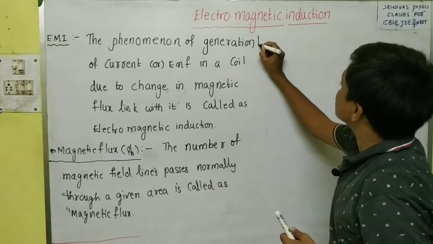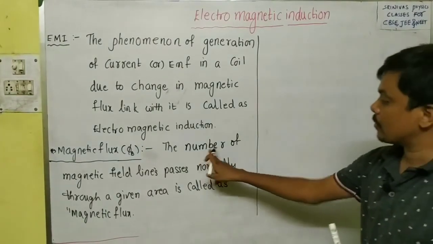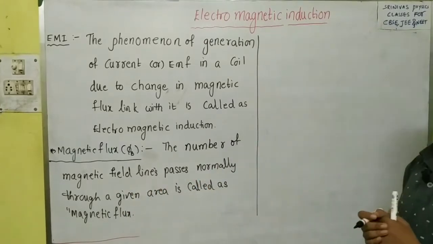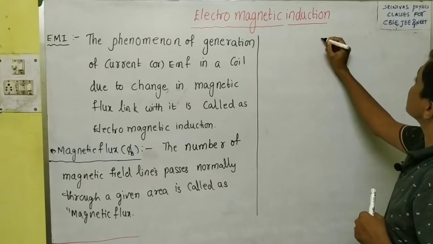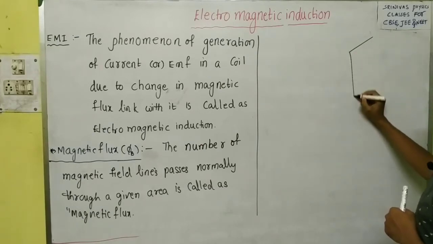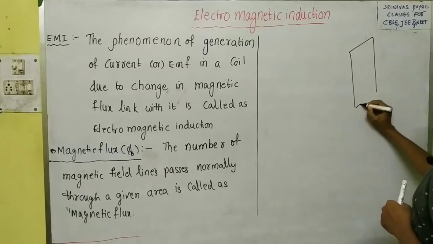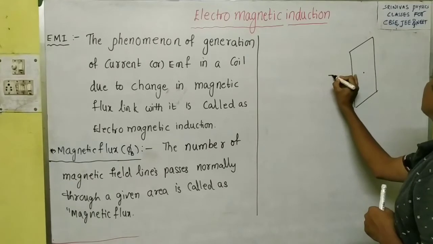Let us see the magnetic flux with an example. The number of magnetic field lines passes normally through a given area. For example, this is a paper, and we are placing this paper in the magnetic field.